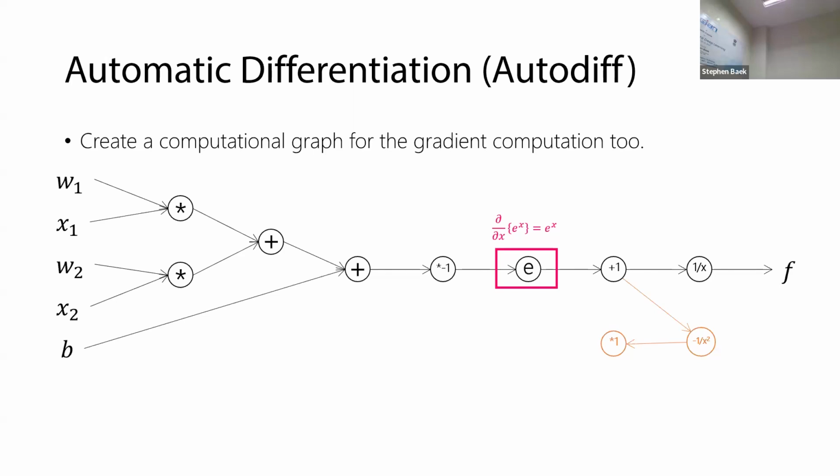We have the exponential, and we all know that the derivative of the exponential is the exponential itself. So that means we're going to need to create another exponential node, or we could also just recycle the existing exponential node and multiply that with the output of this node over here.